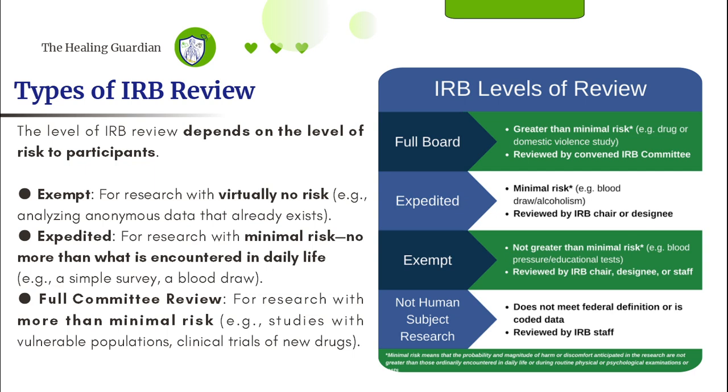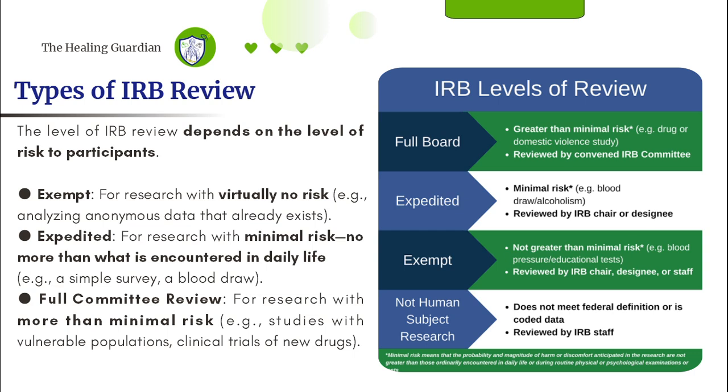For example, if you are analyzing data that already exists, that I'm going to use data that was made by UBOS, or I'm going to use national census data to make my conclusions. That one is an exempt case. So it is just reviewed, maybe the chair and a designee or a staff can review such a proposal. But it can be expedited.